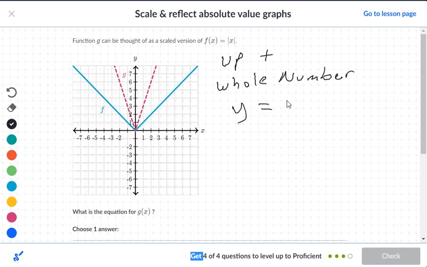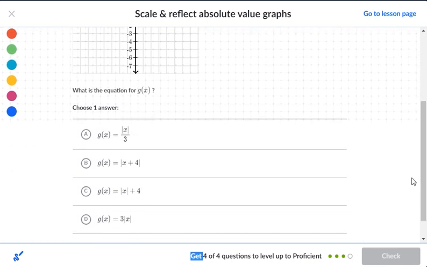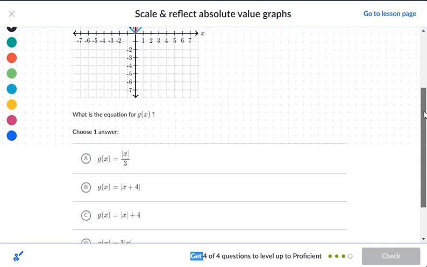So in a formula, y is equal to the absolute value of x, but yet there's a whole number here that's positive. So let's look at our possible choices here. So right here we have a 3. Right here would be a positive 1, and this right here is a fraction, absolute value over x. So that kind of looks a little bizarre, but you could treat that as like 1/3 there. So that would be 1/3.